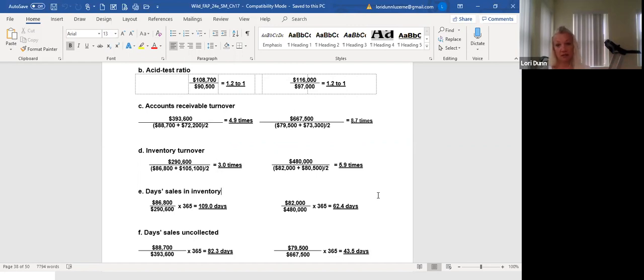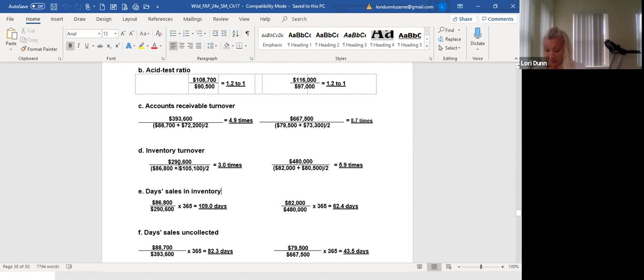D and E, how quickly or how well we manage our inventory, because the quicker we get it out the door, the more money we make. So our inventory turnover is found by taking cost of goods sold for the year, $296,600 for Fargo, and dividing it by average inventory balance for the year.